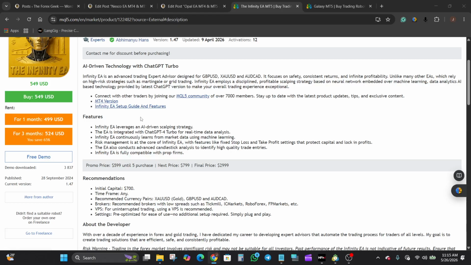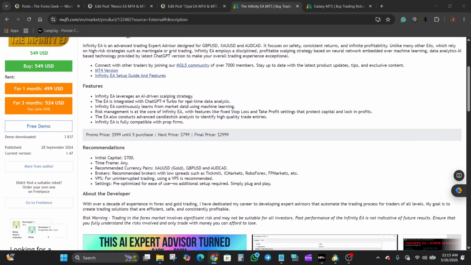Now, if I scroll down into the features, the EA highlights AI-based scalping logic, candlestick analysis for entries, and continuous learning from market data. It also mentions compatibility with prop firms, which is usually something traders look for in terms of risk rules compliance.